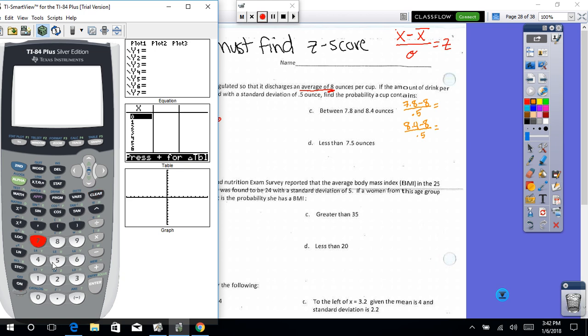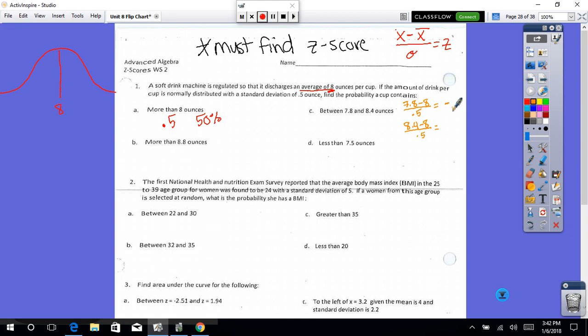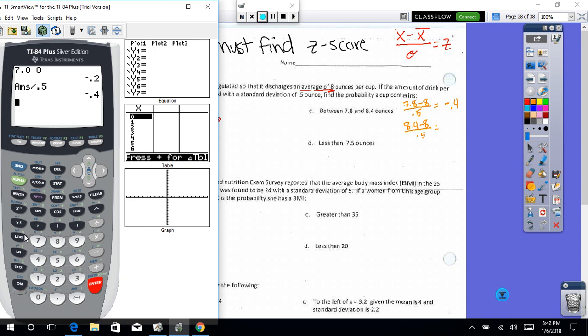So my first z-score is negative 0.4. My second z-score is 8.4 minus 8 divided by 0.5, and that gives me a z-score of 0.8.